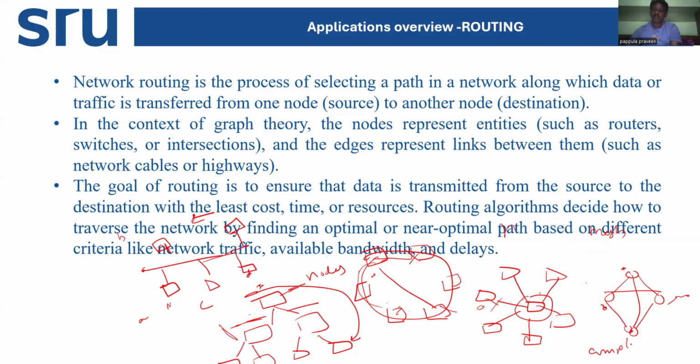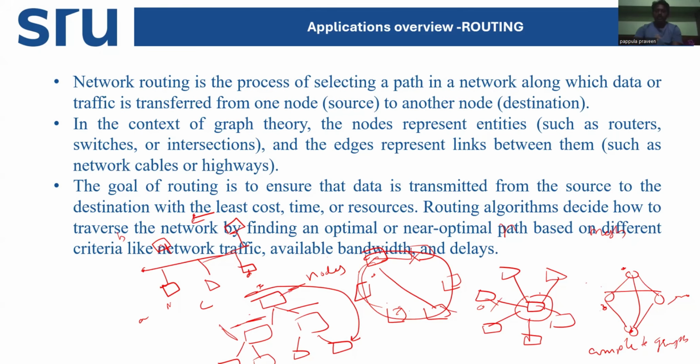Simply, this is a complete graph. Suppose we have to transfer data from here to here. If any problem occurs, then directly we can choose another path, because we have a number of paths from one vertex to another vertex. So this is the application of routing algorithms.